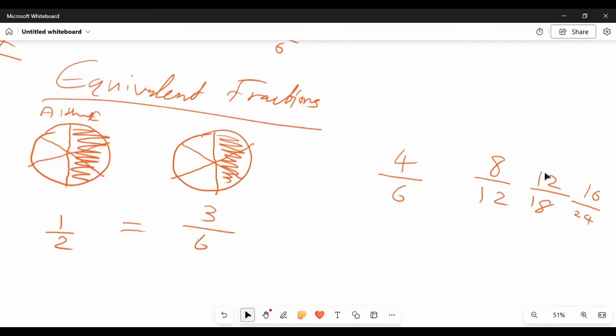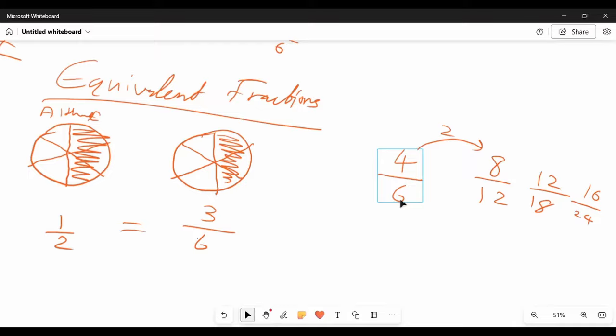Okay, so now can you tell me what is a common thing you did to figure out these three equivalent fractions? What actually do we have to do? We can multiply the numerator by 2. So the concept is, if you do something to the numerator, you have to do the same thing to the denominator as well in order to make the fraction equal.